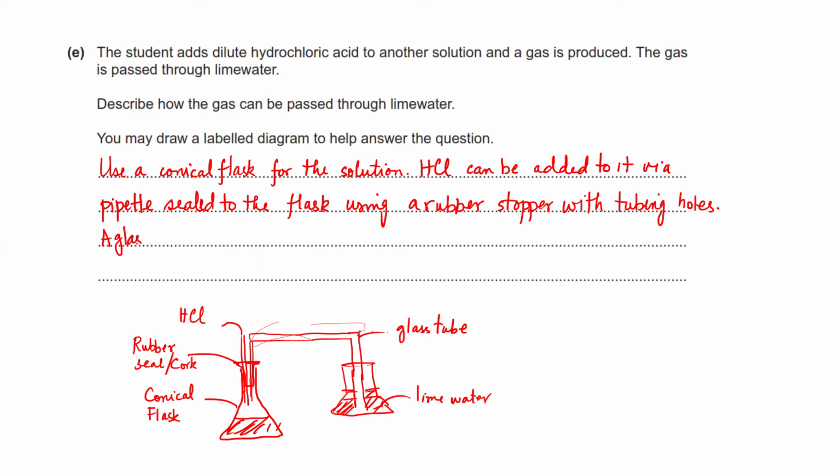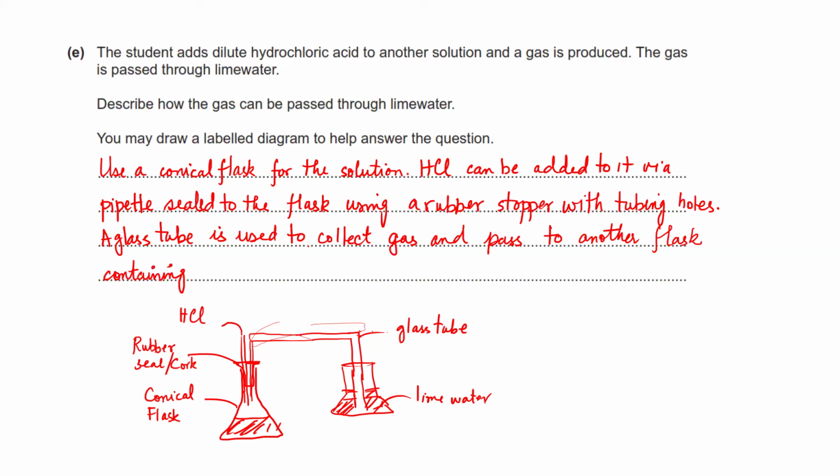A glass tube is used to collect gas and pass it to another flask containing lime water.